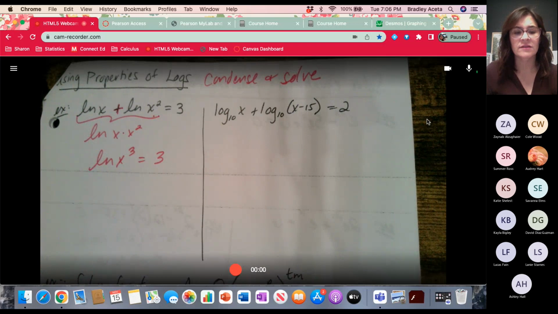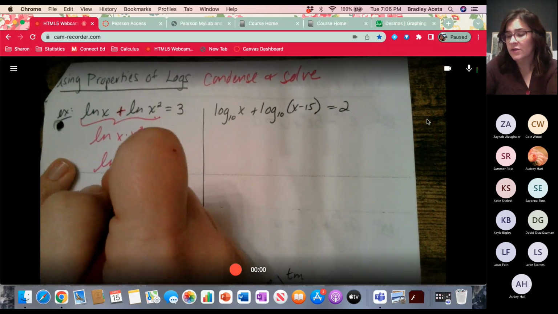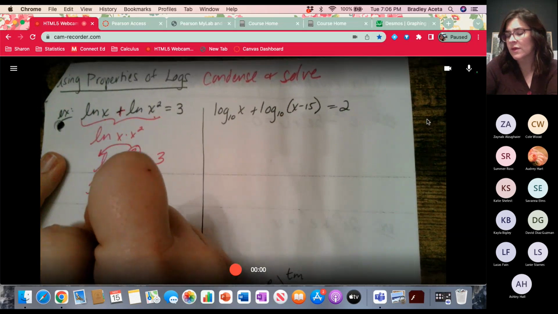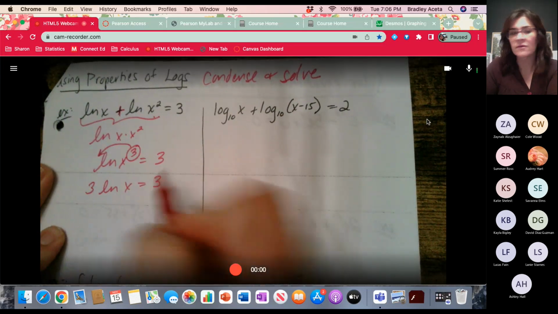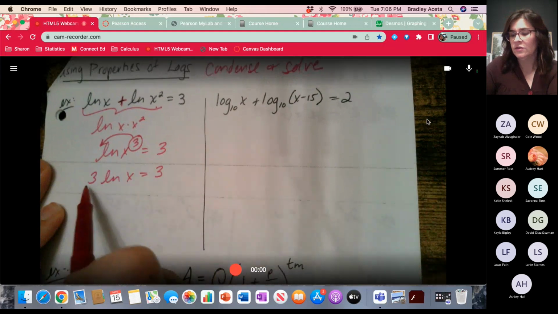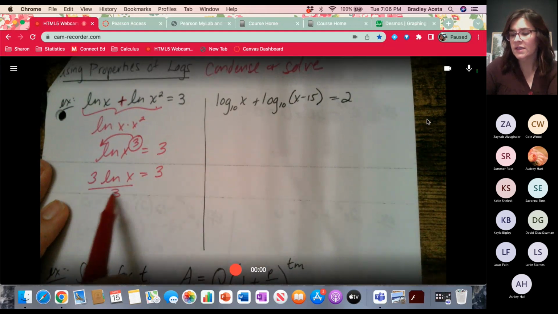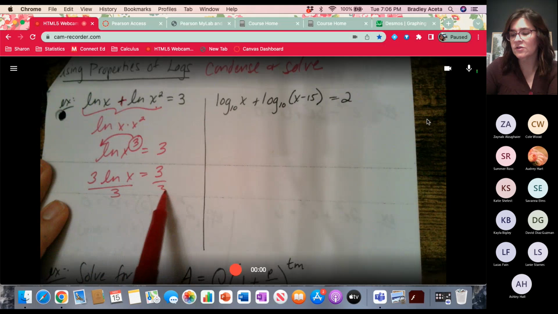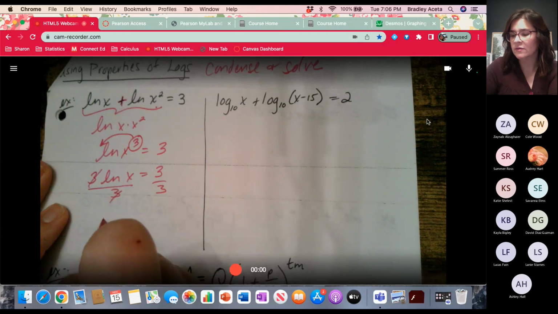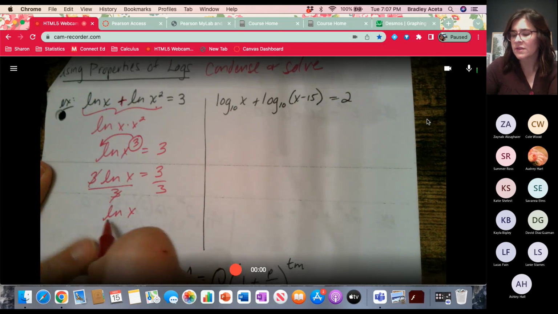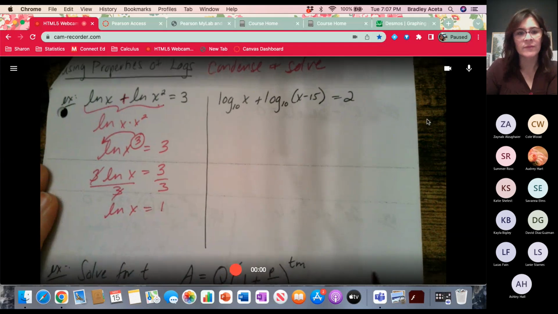Ln of x to the third equals 3. Now, could I bring this 3 down? Yeah, sure. Could. 3 ln x equals 3. Could you divide out that 3? You sure could. You just can't touch anything next to the ln unless you do its inverse operation, which we'll do in a minute. So this is ln x equals 1.